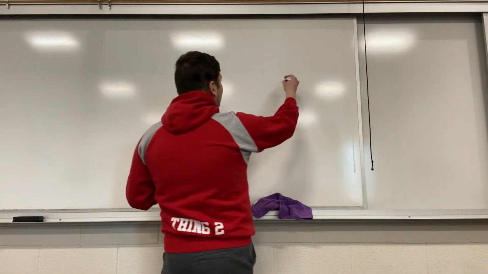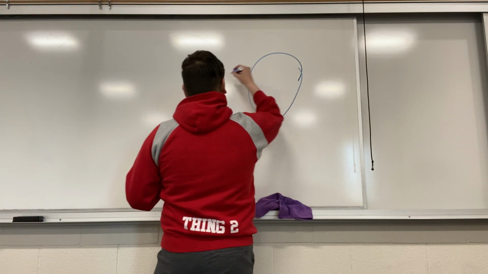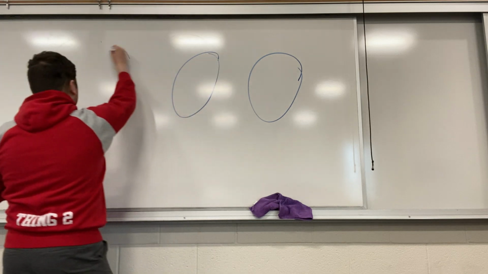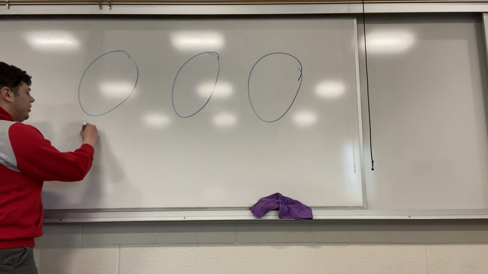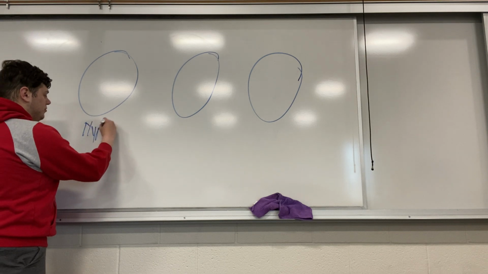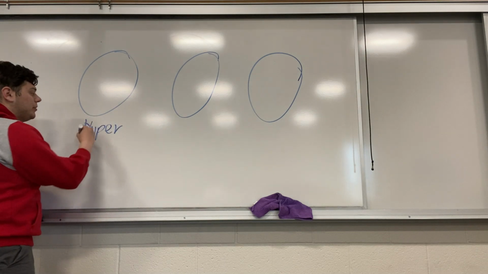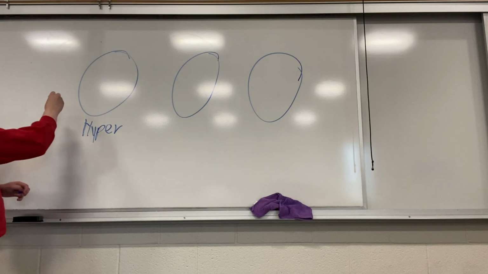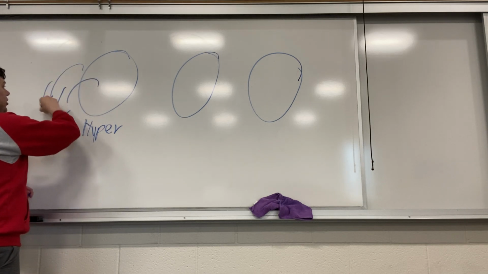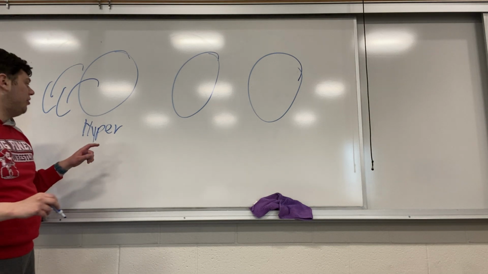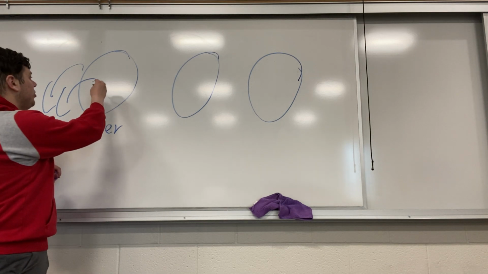So we're going to draw 3 more types of cells. We're going to start off once again with hypertonicity. What happens with hypertonicity is that water flows out of the cell. And so whenever you have a hypertonic cell, it shrinks.